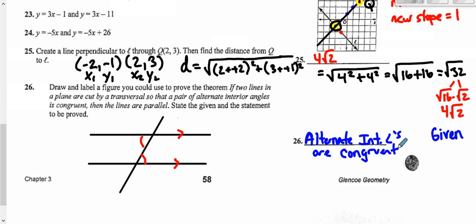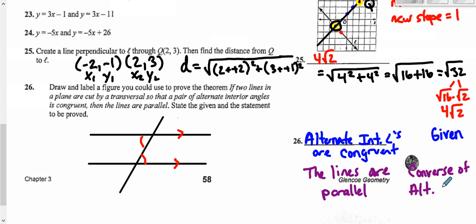The thing that we want to prove is that these two lines are parallel. The way that we would do that is by the converse of alternate interior angles, which I'll abbreviate.